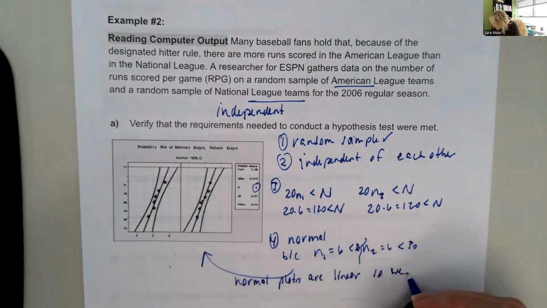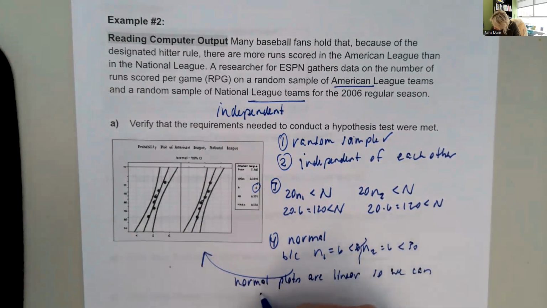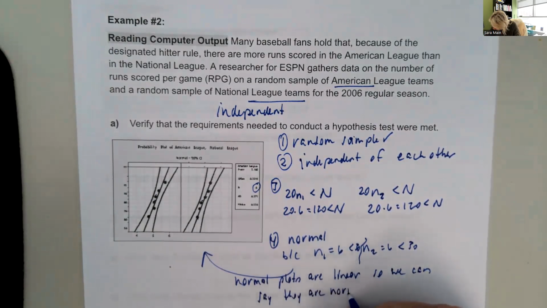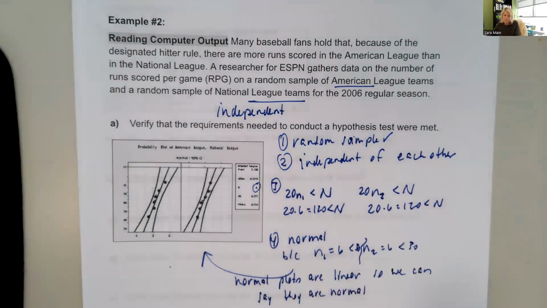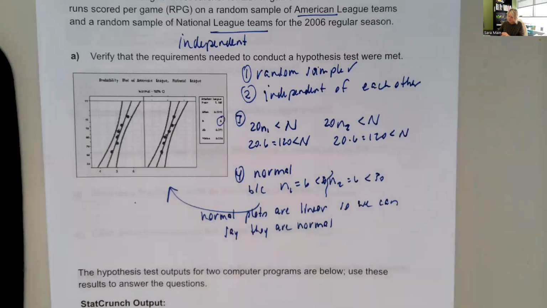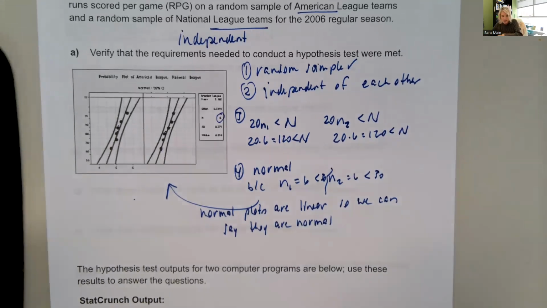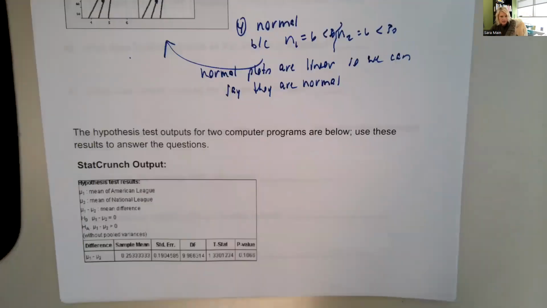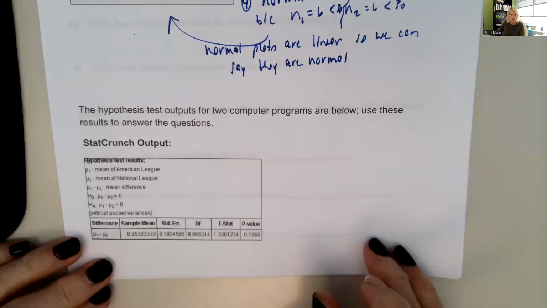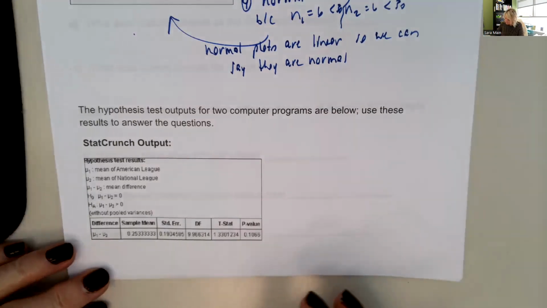So we can say they are normal. So these are the four things that we've been using, but I just want to kind of bring them up again. Okay, the hypothesis test outputs for two computer programs are below. Use these results to answer the question.